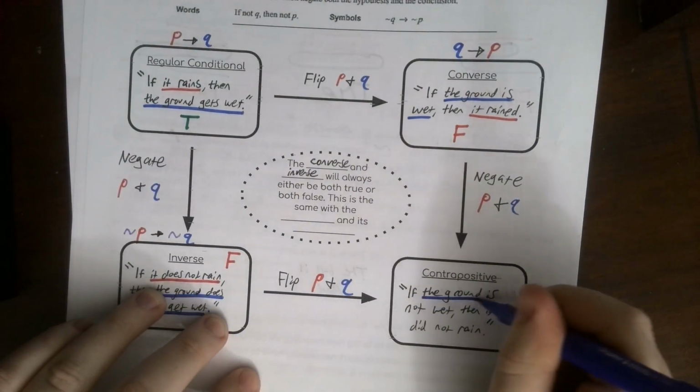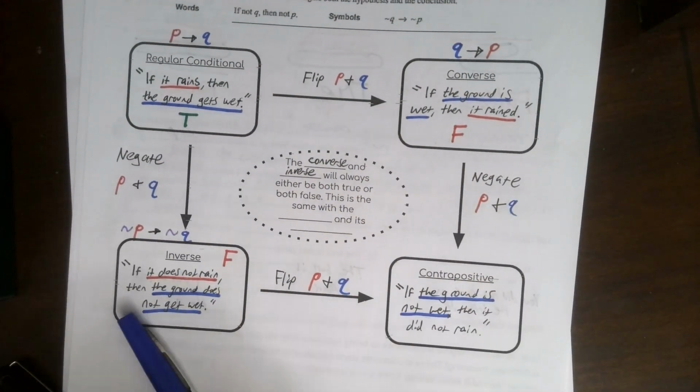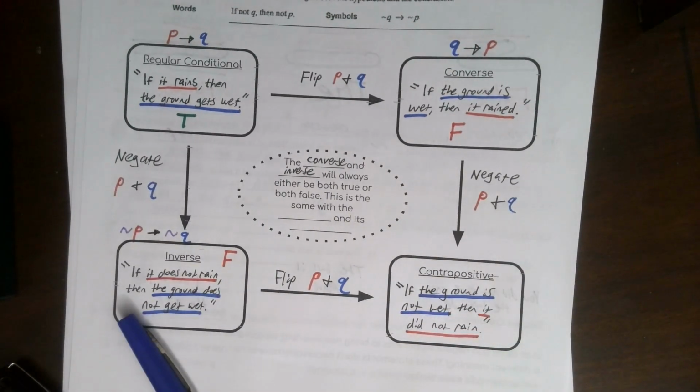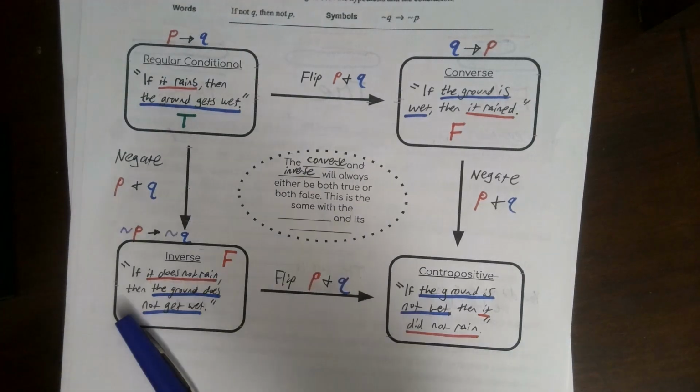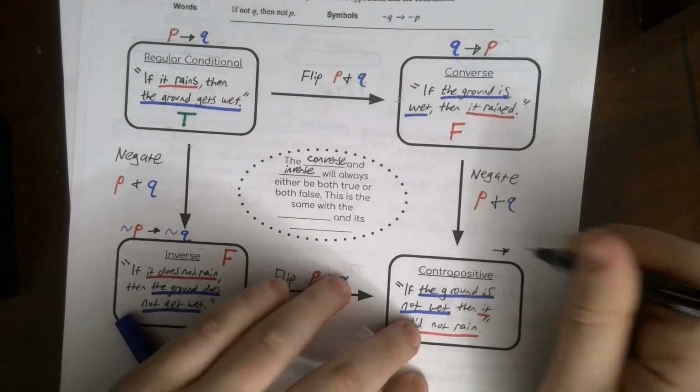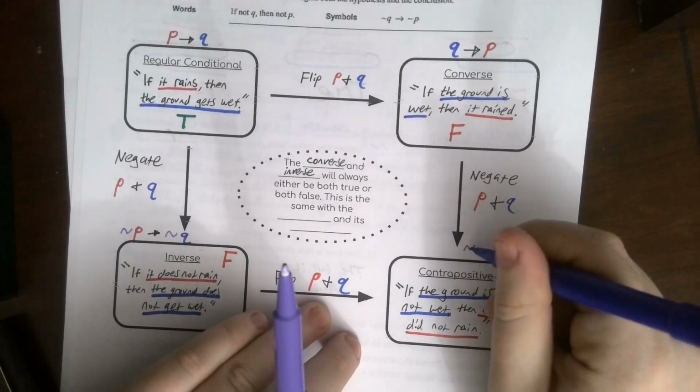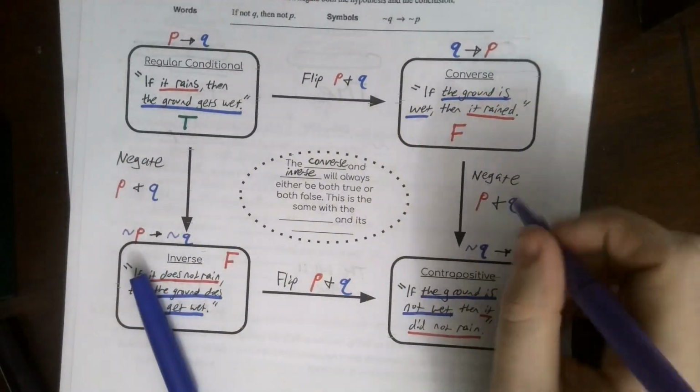Again, our conclusion is first, or our negated conclusion, I should say, and our negated hypothesis is second. So it'll look like this. The statement is, if not Q, then not P.